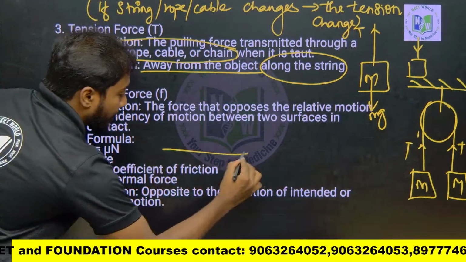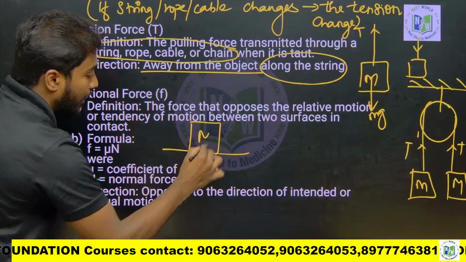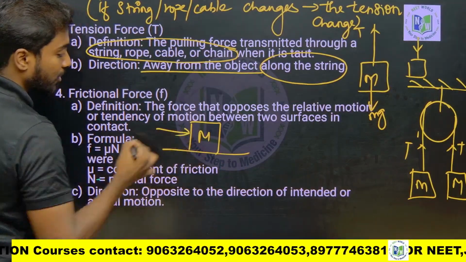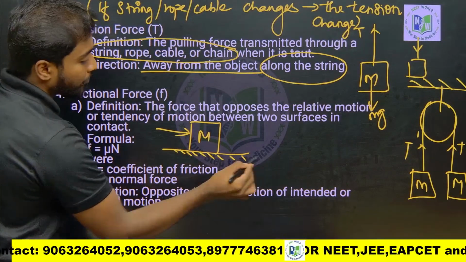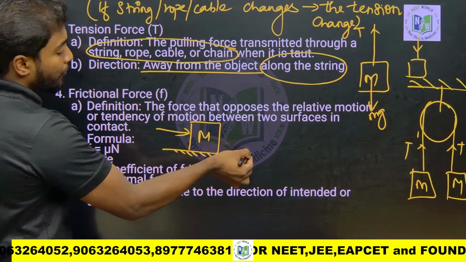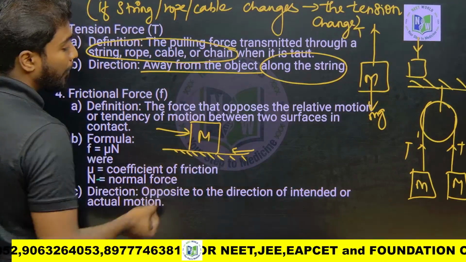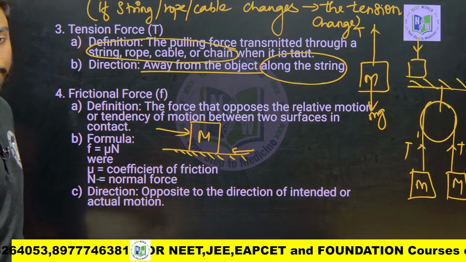For example, this is the body M, if I am pushing the body like this, and let me consider this is the rough surface, the frictional force will be acting in the opposite direction.